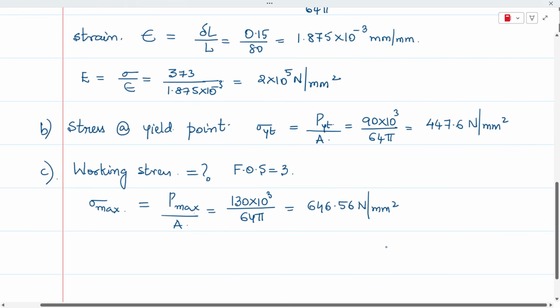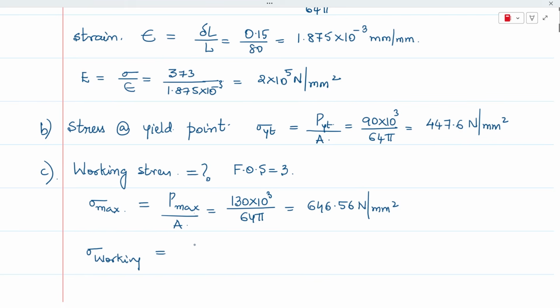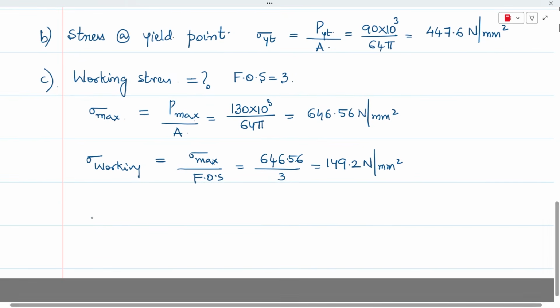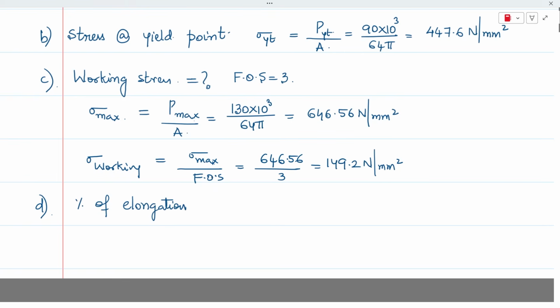And working stress is equal to maximum stress divided by factor of safety, which is 646.56 divided by 3, which is 149.2 Newton per mm square. Next is percentage of elongation, that is equal to change in length, final length minus initial length divided by initial length into 100%.